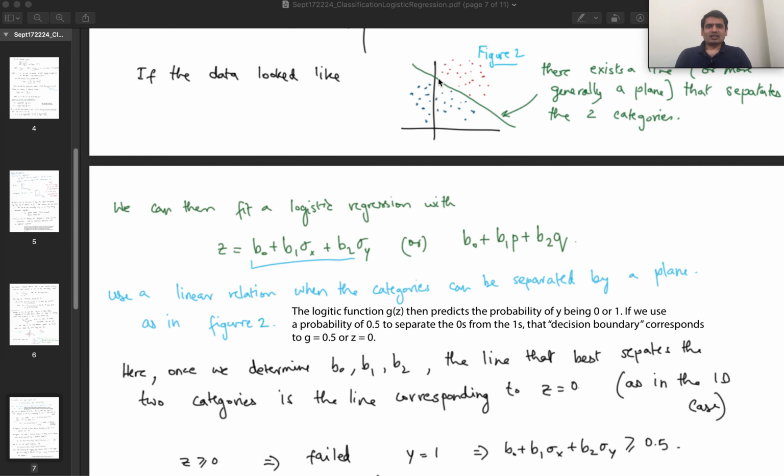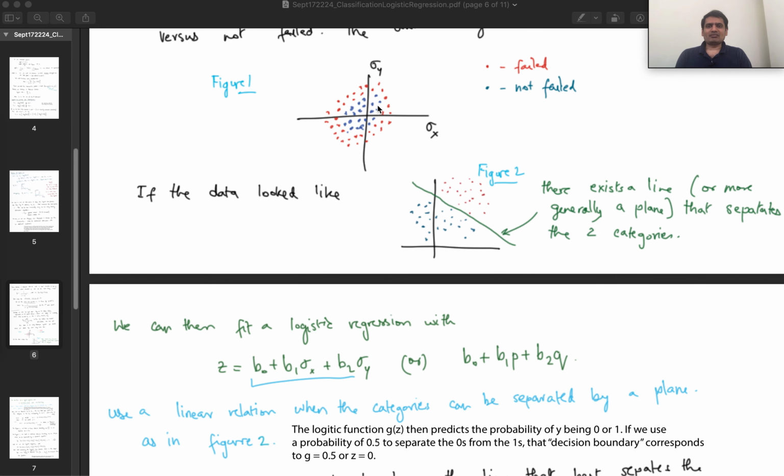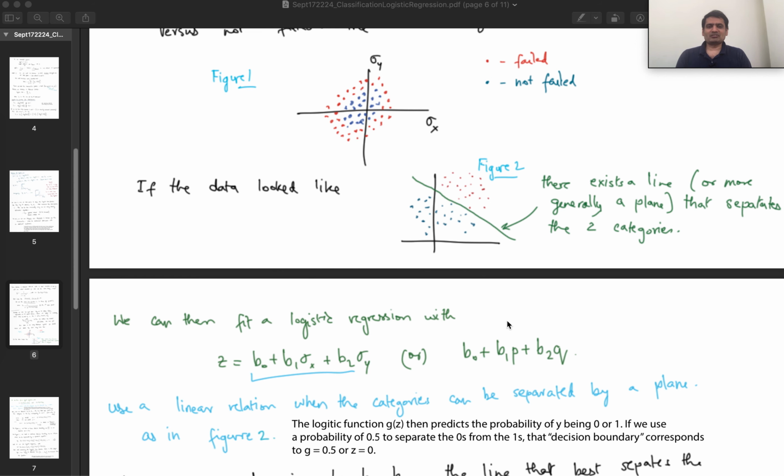Depending on the kind of decision boundary that you have, either a linear function for z, or a quadratic function for z, a cubic function for z, or maybe something completely different. Okay, there are other ways of approximating nonlinear functions, and maybe you can use all that.